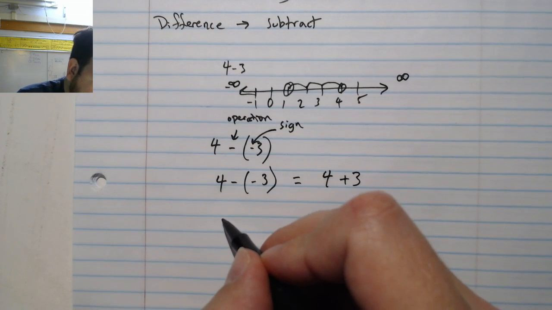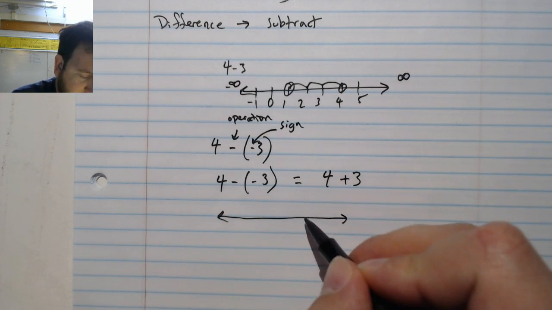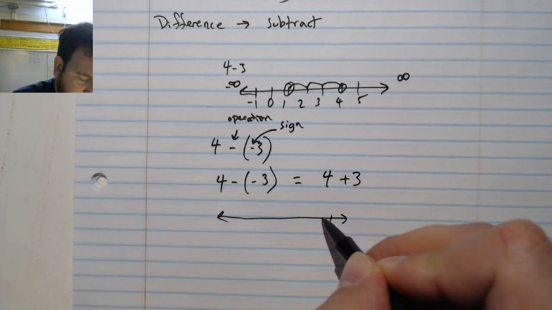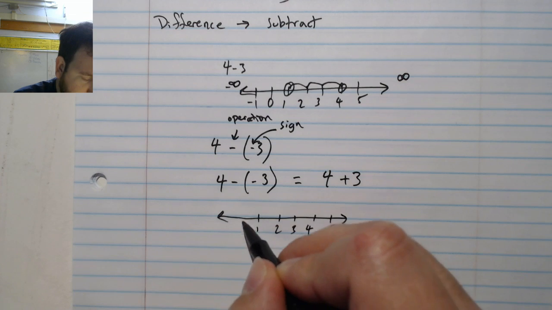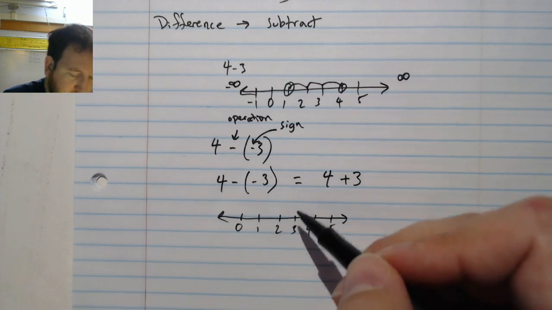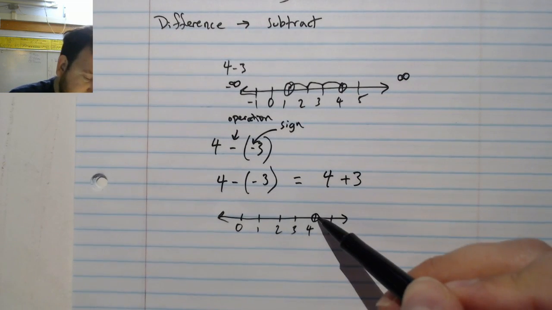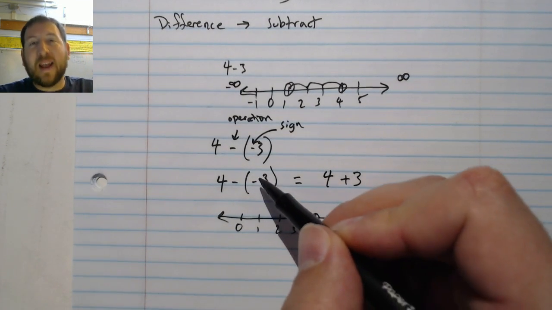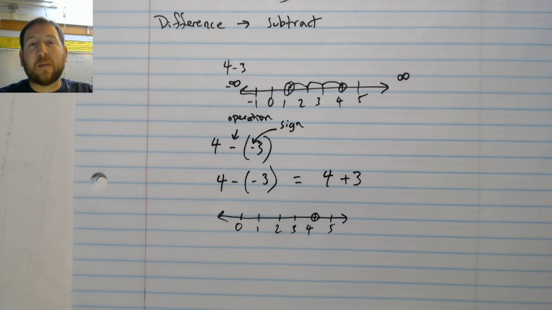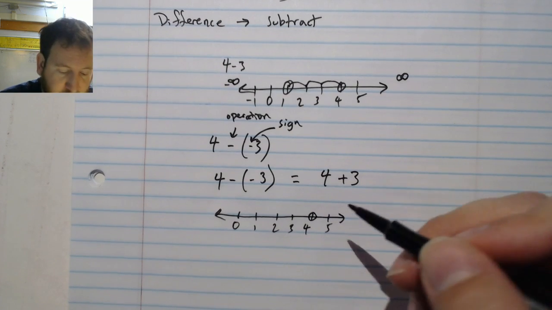Because if I'm going to do a number line here, and I have my 5, 4, 3, 2, 1, 0, and I'm going to start with my 4. I'm going to subtract, so that means I'm going to be moving left, but I'm going with a negative number, so I'm going to be going the opposite of my normal direction. So instead of going left, I'm going to be moving right 3.